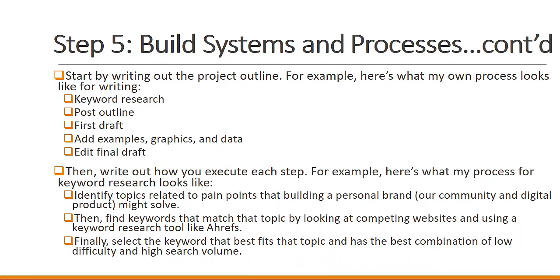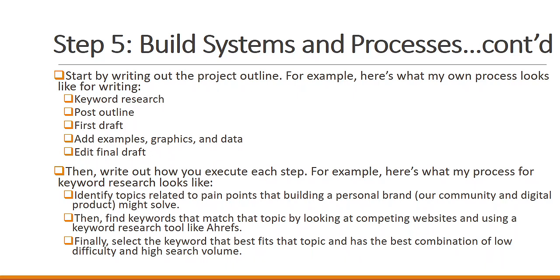So start by writing out the project outline. For example, here's what my own process looks like for writing. You can talk about keyword research, post outline. You can also talk about the first draft that you worked on, add examples like graphics and data, and then write out how you execute each step.